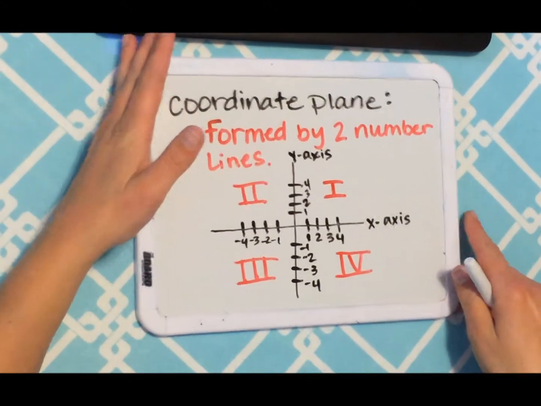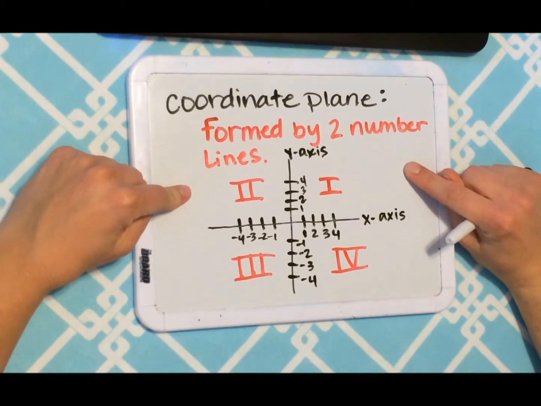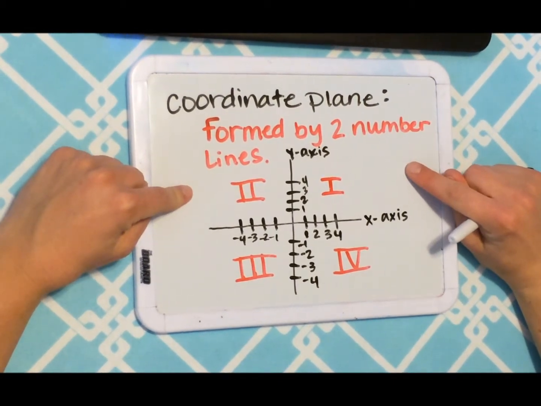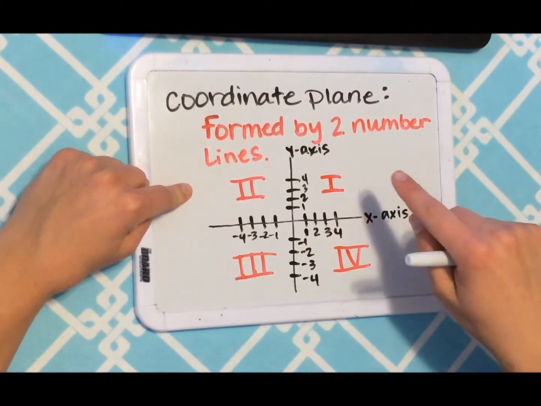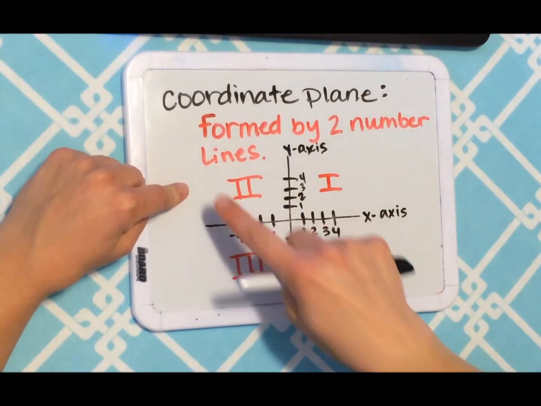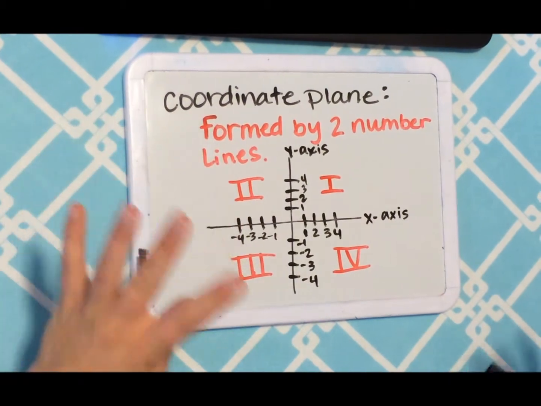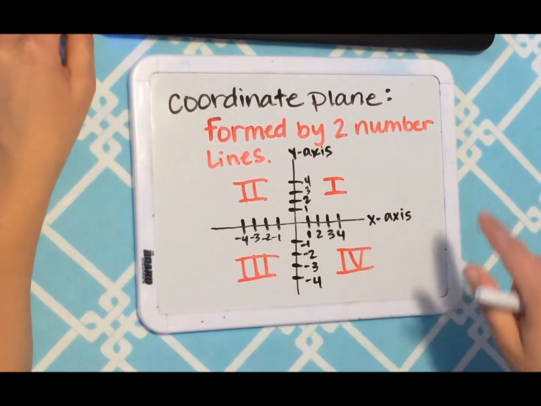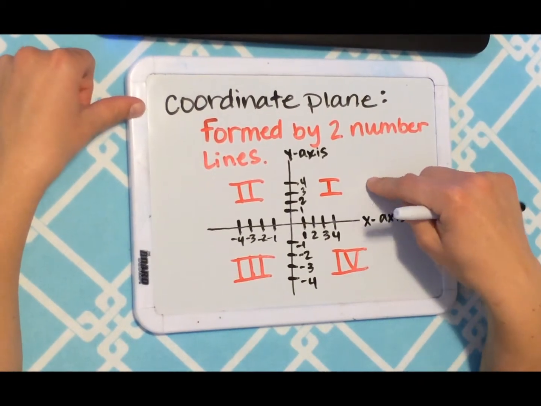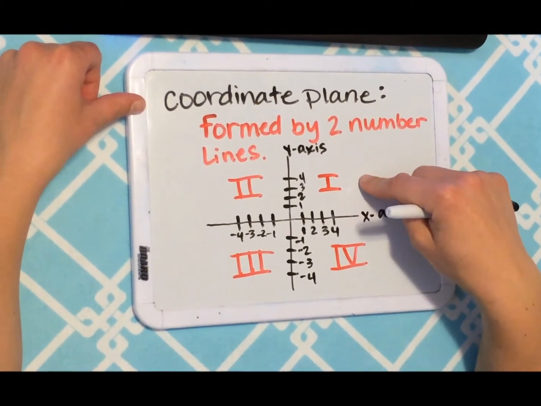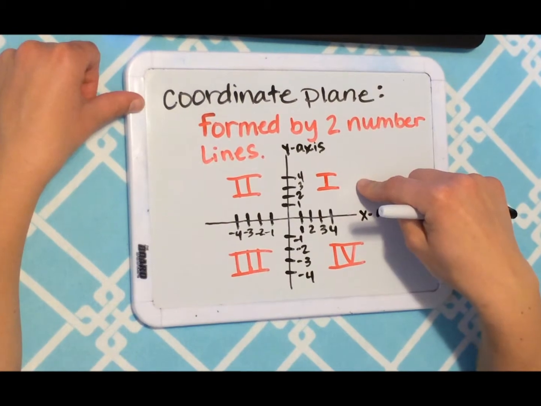Now here are our quadrants. To make it easy, when you have an ordered pair to plot, you can divide the coordinate plane into four quadrants. The first quadrant has positive x and positive y coordinates.